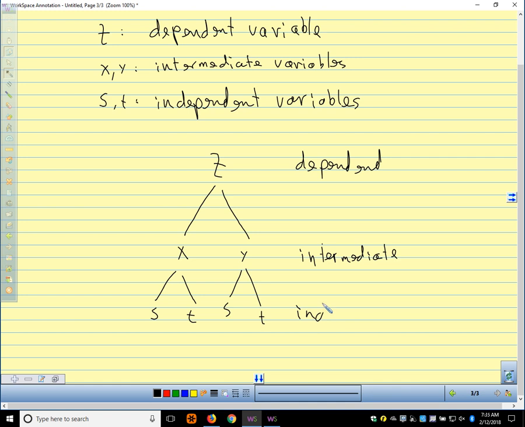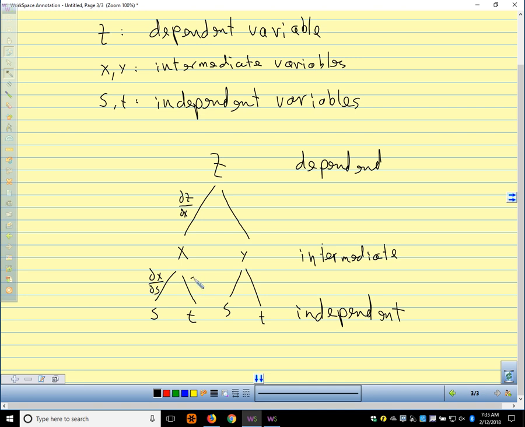And independent. And then we just take derivatives as we go down the branch. So this derivative would be dz/dx. And this derivative would be dx/ds. So if we wanted dz/ds, we'd do dz/dx times dx/ds.